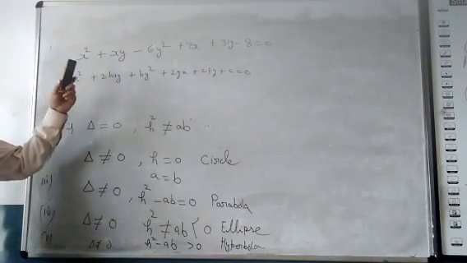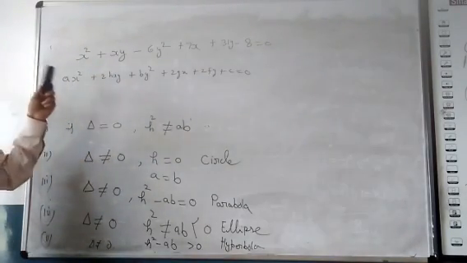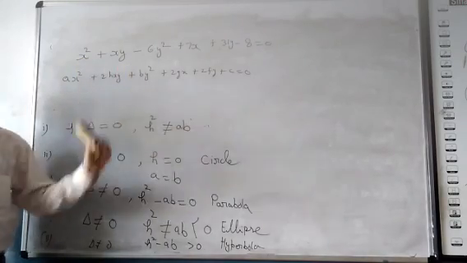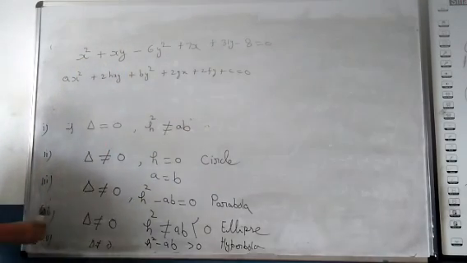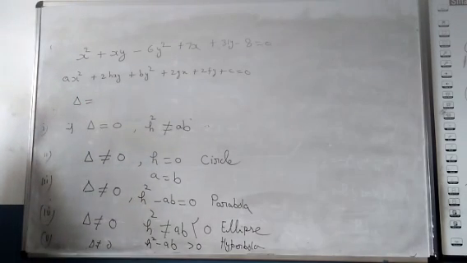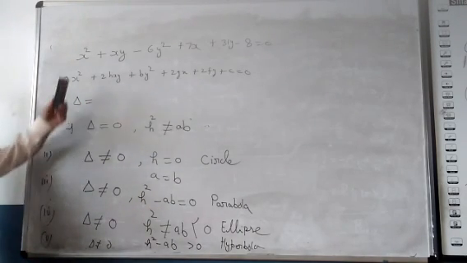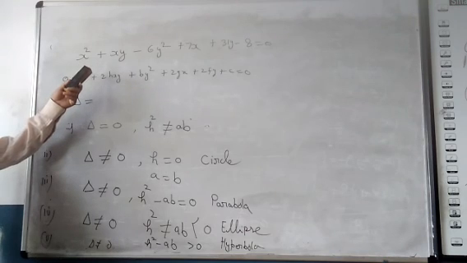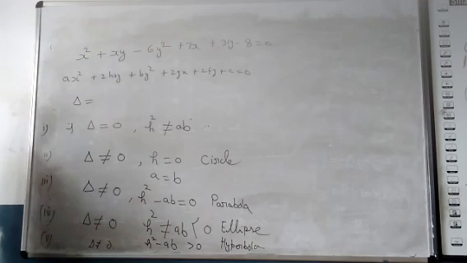Comparing both the equations, find out the values of a, h, g, f, c, and then we will find the value of delta. If delta equals to 0, then the given equation shows a pair of straight lines.